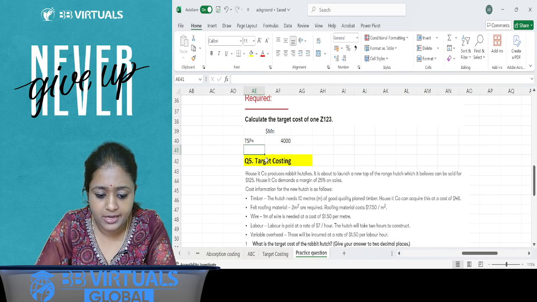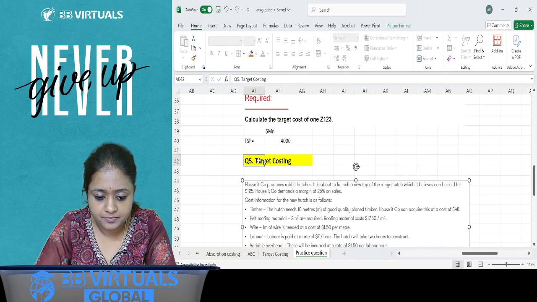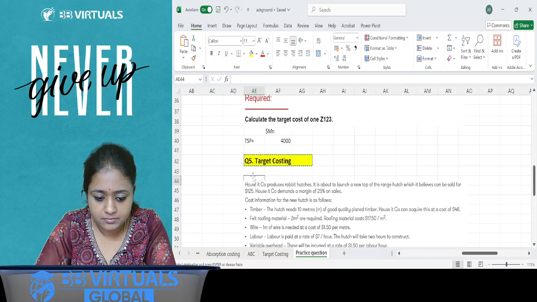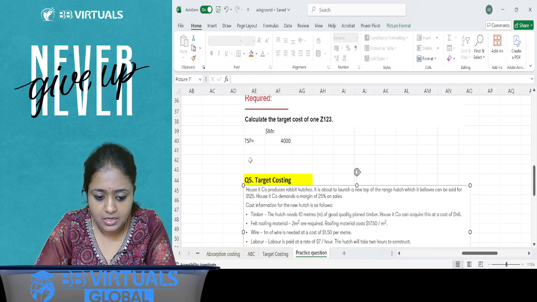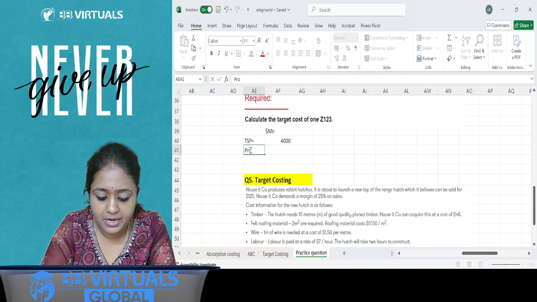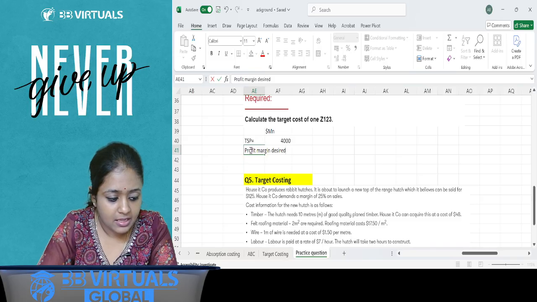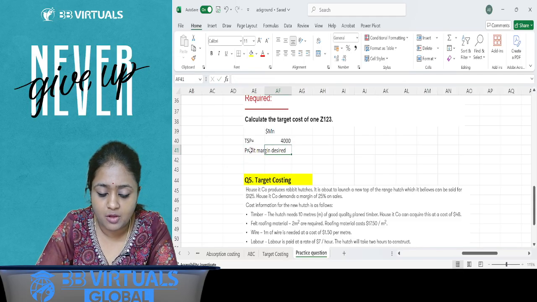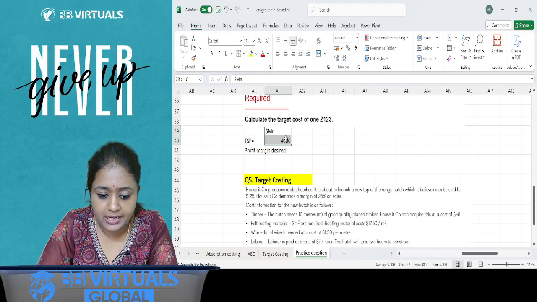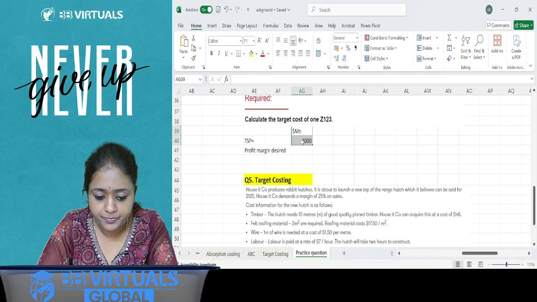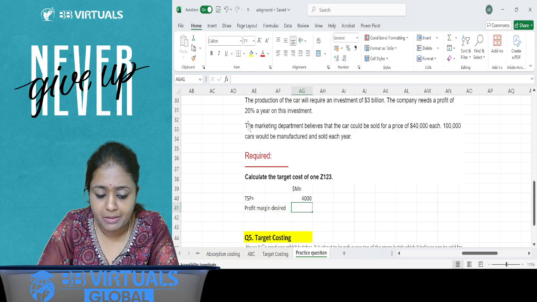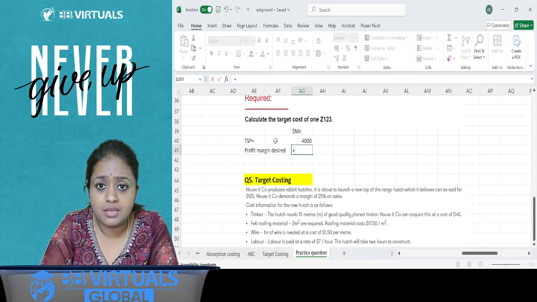Now let's calculate the profit margin desired. We have just calculated it. It's 3 billion multiplied by 20%.